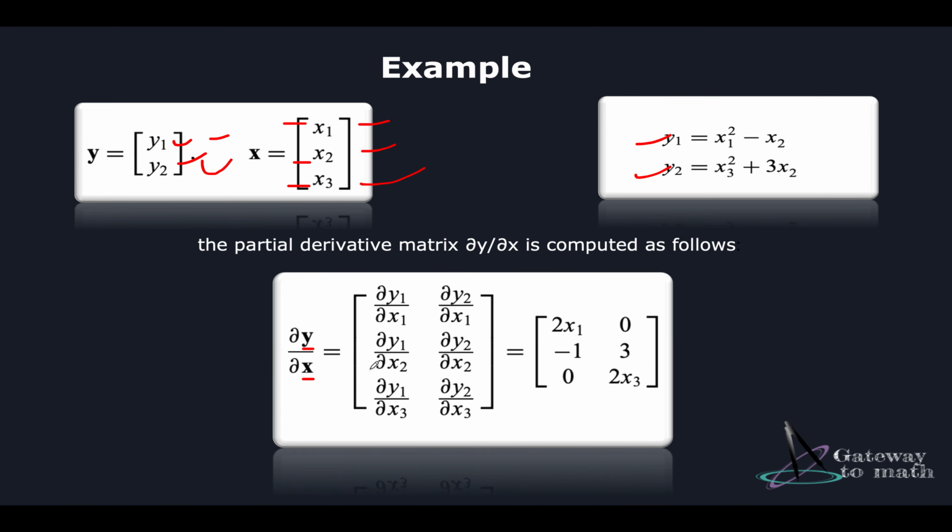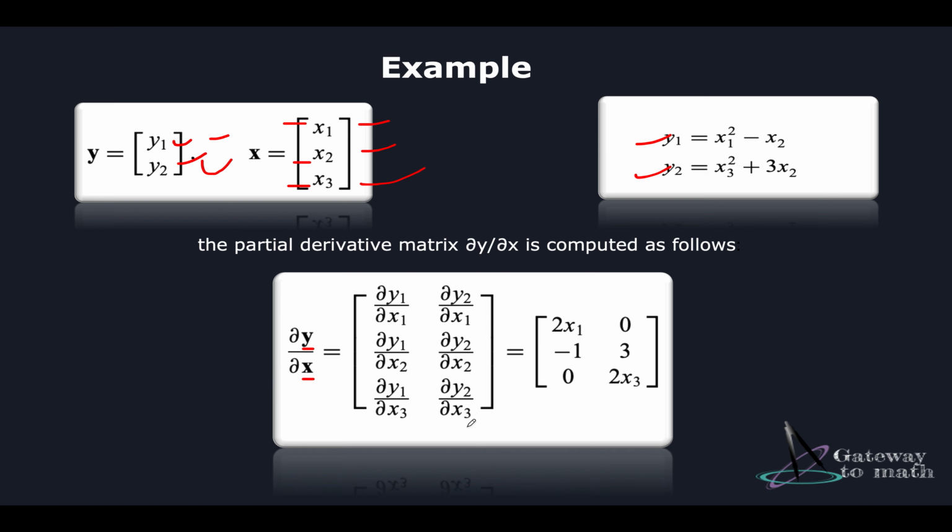So the partial derivative of vector y with respect to vector x will be given by del y upon del x equals del y1 upon del x1, del y2 upon del x1, del y1 upon del x2, del y2 upon del x2, del y1 upon del x3, and del y2 upon del x3 respectively.